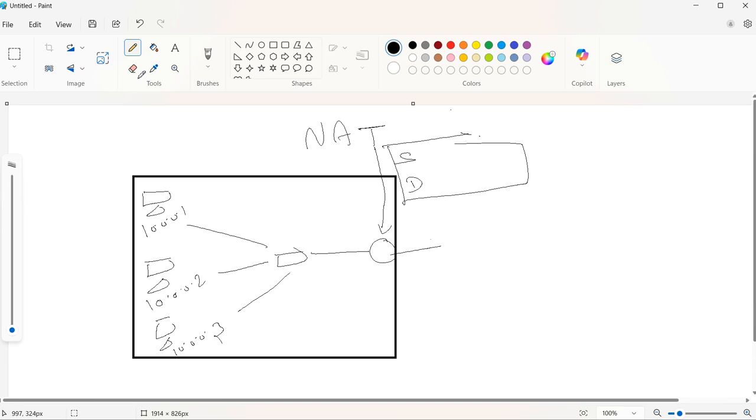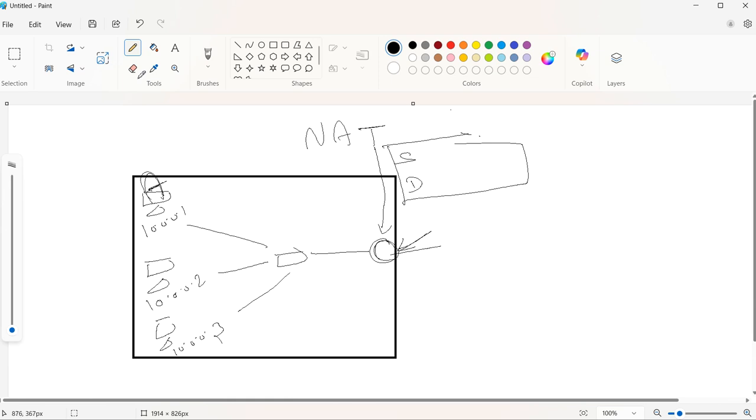For example, if I want to go online from computer A, what I do is I tell it to use the IP address that is there on this WAN side of the router.